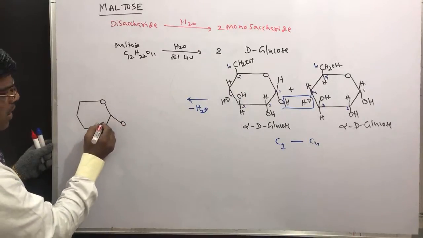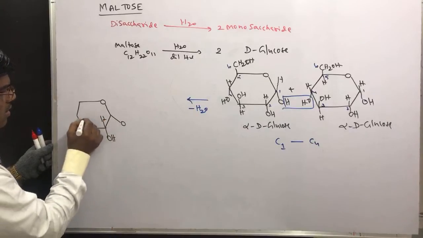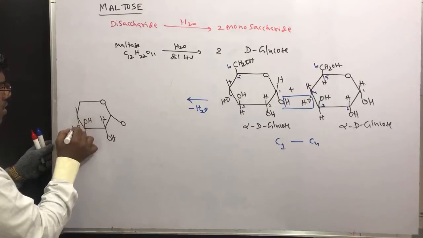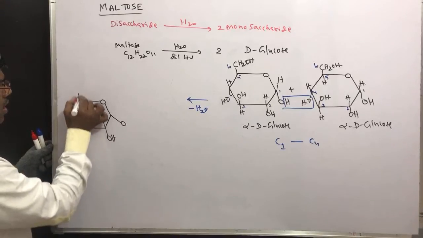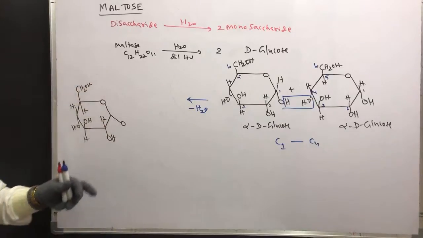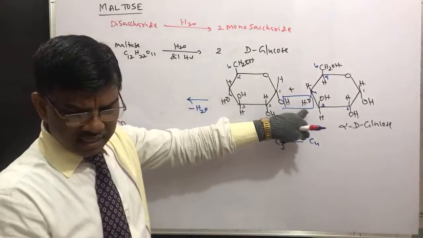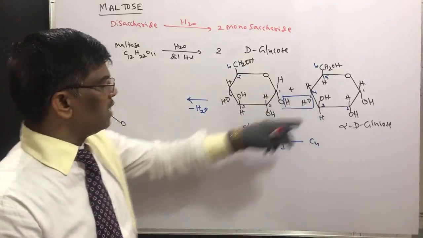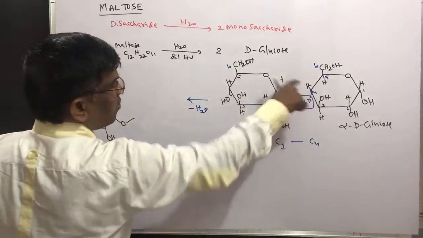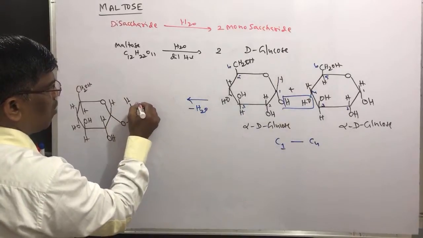Oxygen, and the remaining I am going to write like this: hydroxy OH, and hydroxy, and this is CH2OH and hydrogen, and here hydrogen. Simply write down this side. So this carbon, C4 carbon, and hydrogen is here.